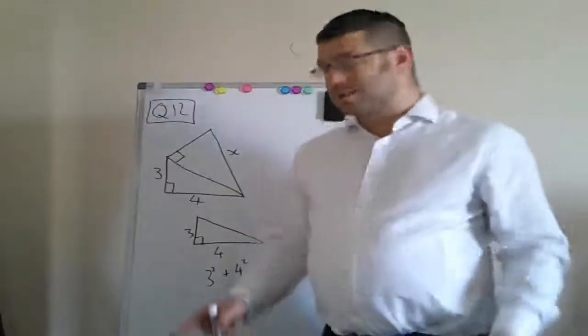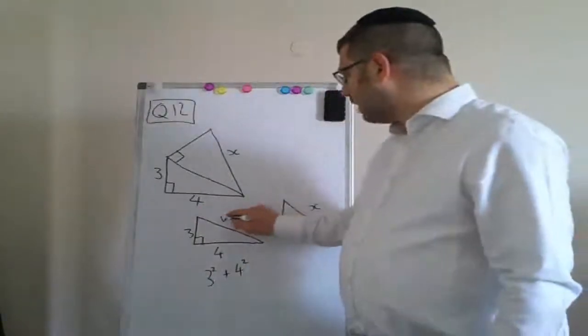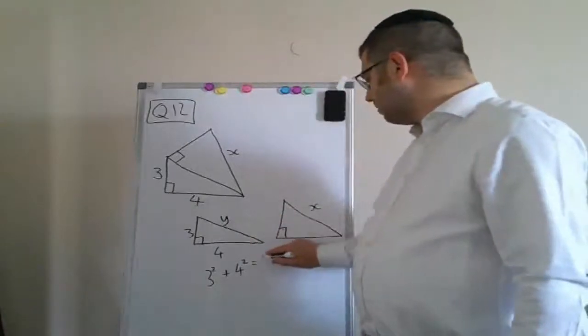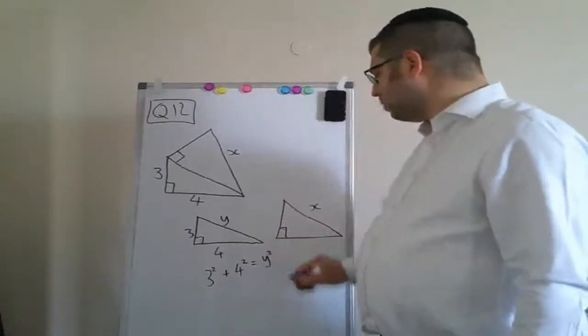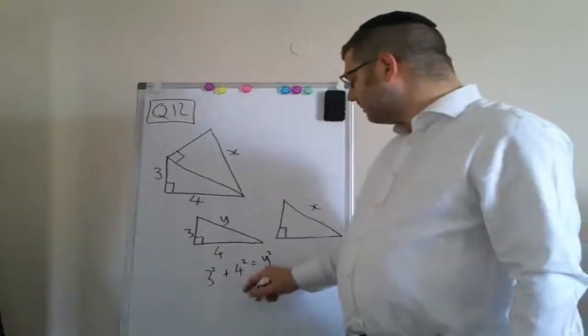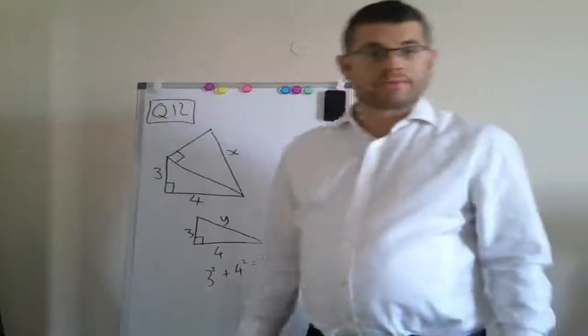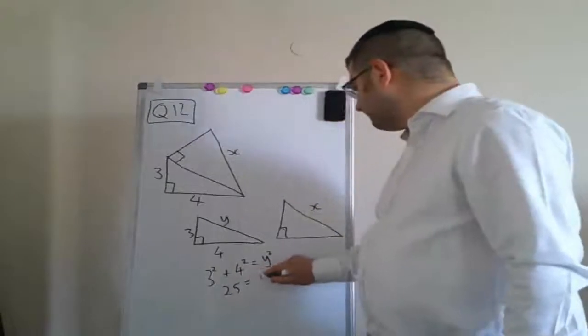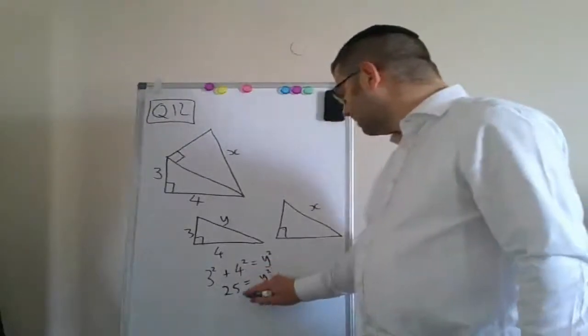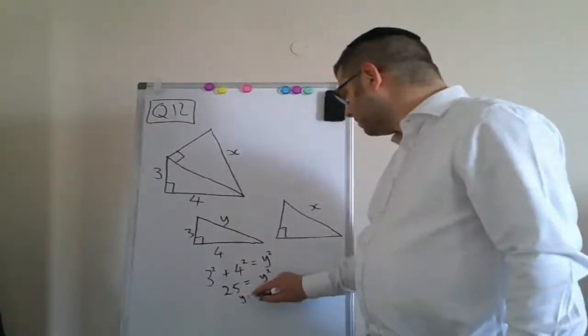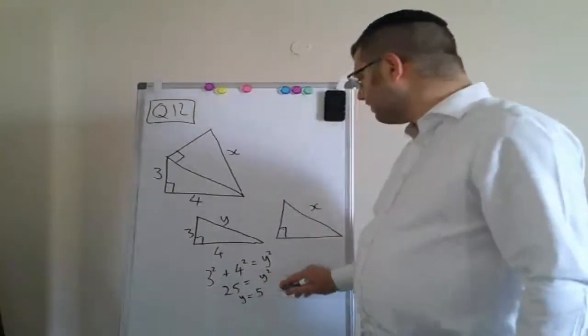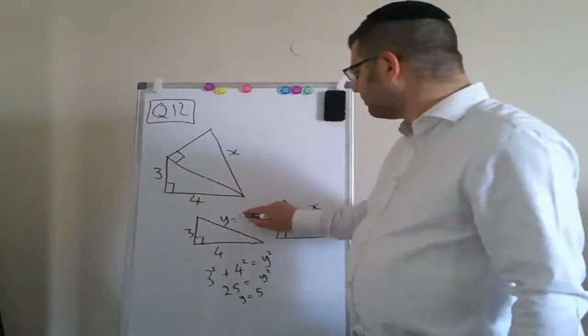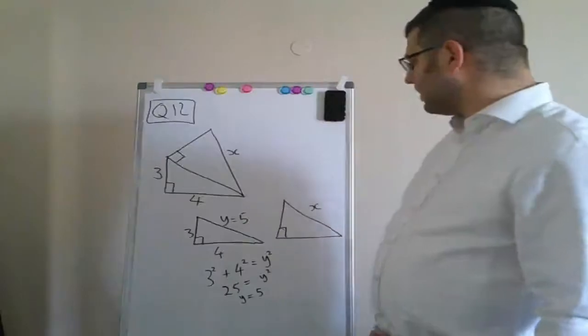I don't use x because there's x over there, so let's just create y, equals y squared. Now 3 squared is 9, 4 squared is 16. You add 16 and 9 together, you get 25. So y therefore is 5. Okay, using Pythagoras.